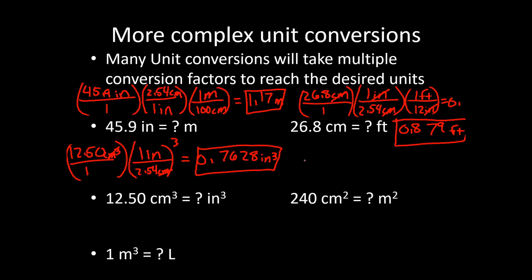Alright, same kind of thing here for the centimeters squared to meters squared. Only this one's going to be a little bit simpler actually because we only have 2, and going from centimeters to meters is less troublesome since we're staying in the metric system. So for every 100 centimeters, we have 1 meter.